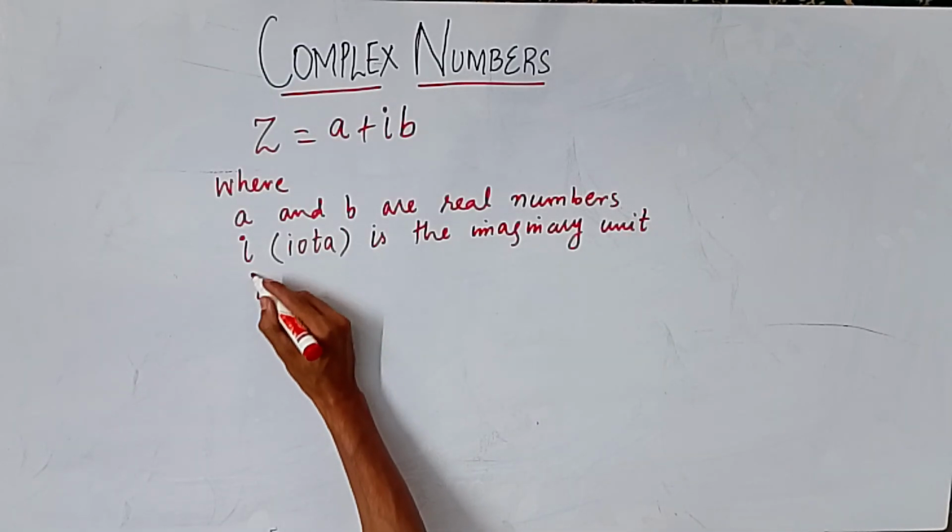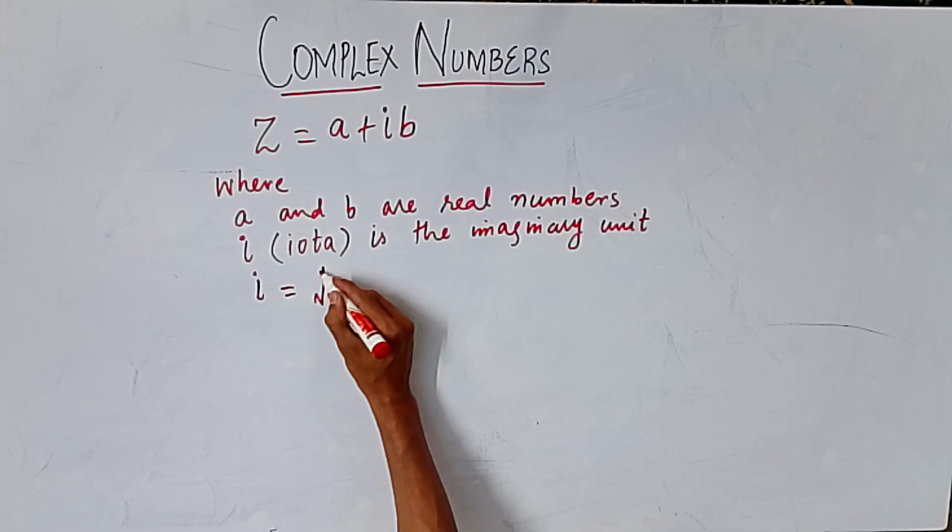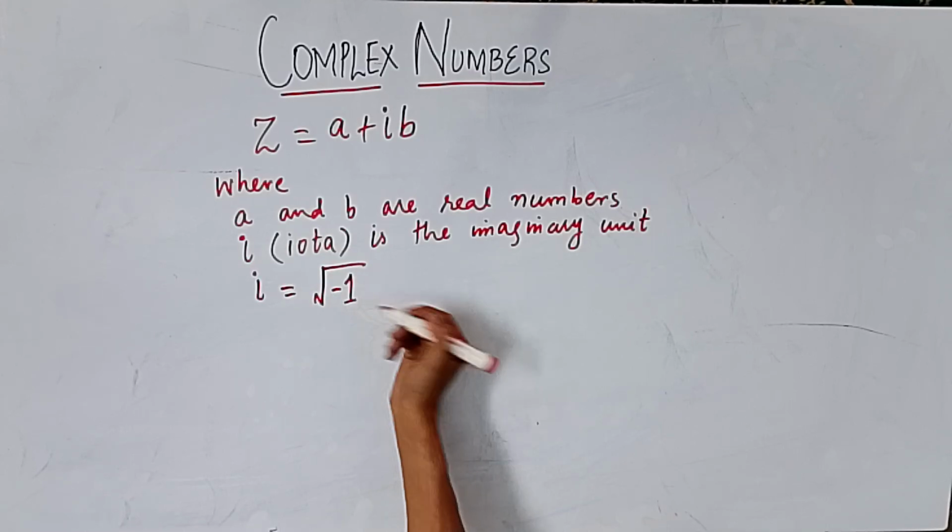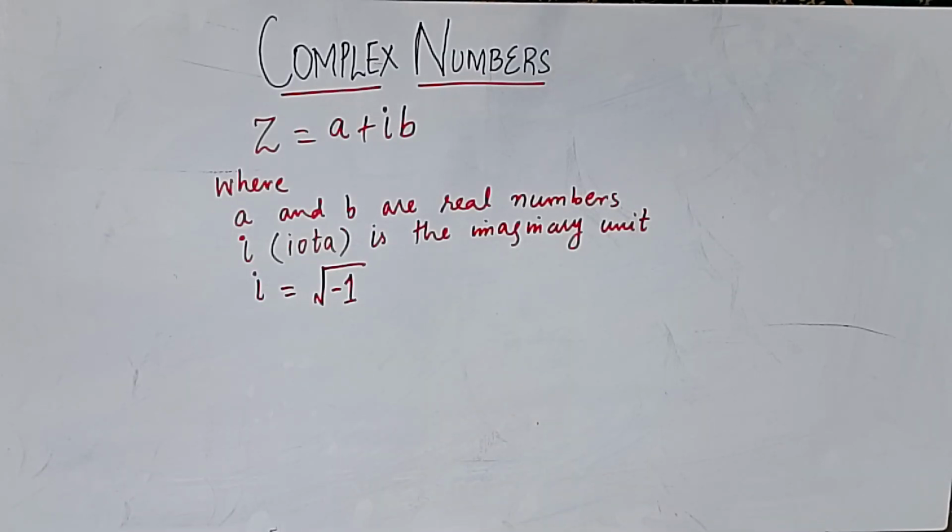And the value of iota is equal to under root minus 1. So actually the concept of iota or the complex number begins with this thing, that whenever you have a negative number in the square root, there must be a way to show it. Because the square root is the opposite of square, and whenever we do the square of a number, we always get a positive answer.